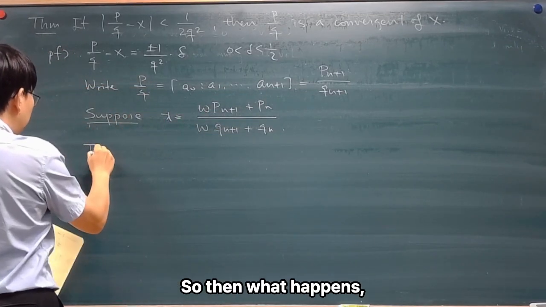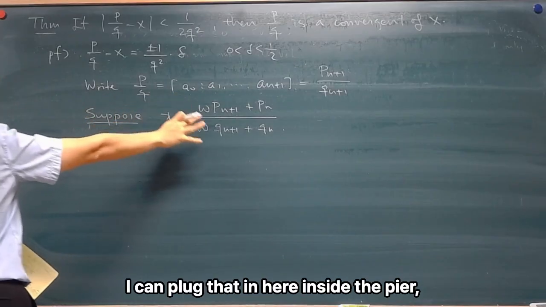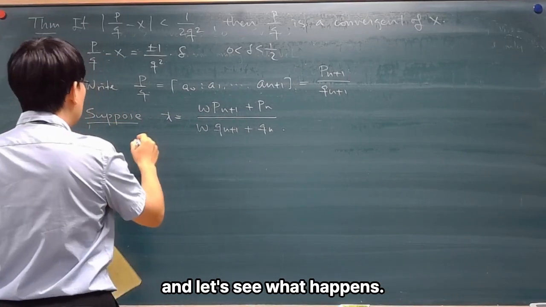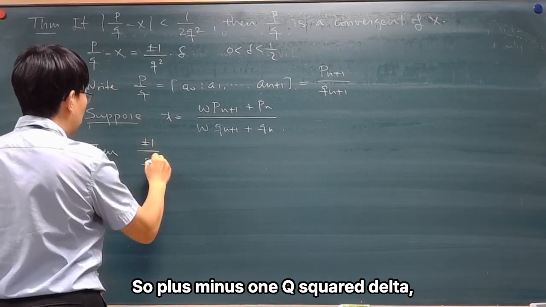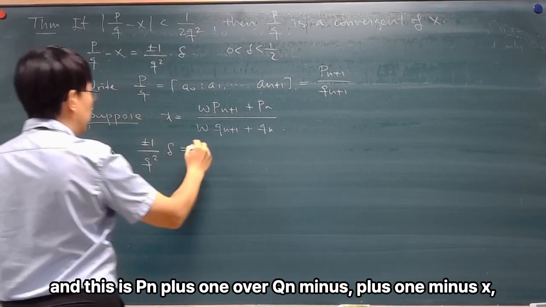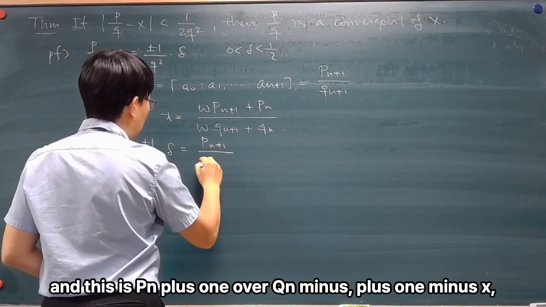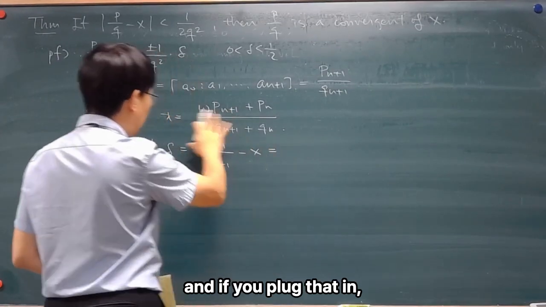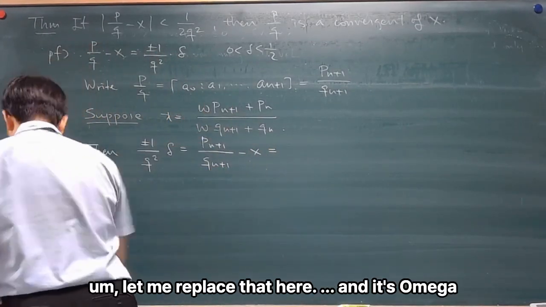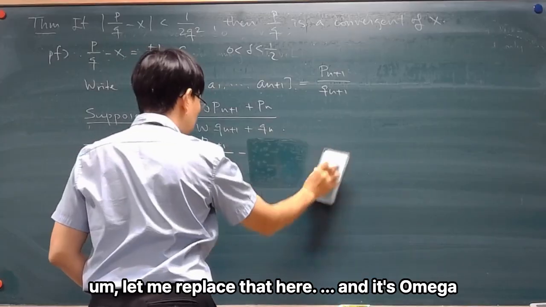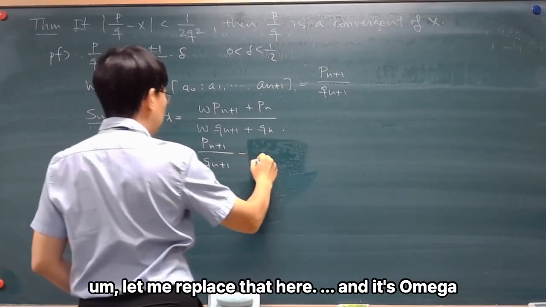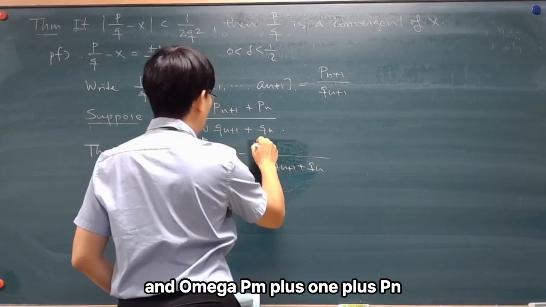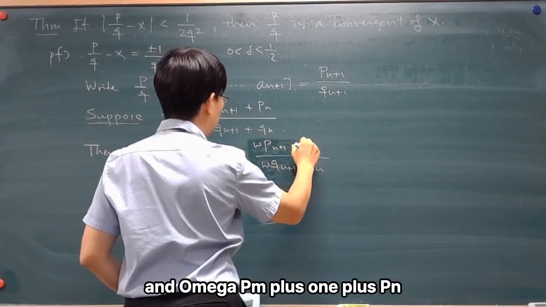So then what happens, I can plug that in here, inside of here, and let's see what happens. So it's plus or minus 1 over Q squared delta, and this is P_{n+1} over Q_{n+1} minus x. And if you plug that in, let me replace that here. Then it's omega Q_{n+1} plus Q_n and omega P_{n+1} plus P_n.